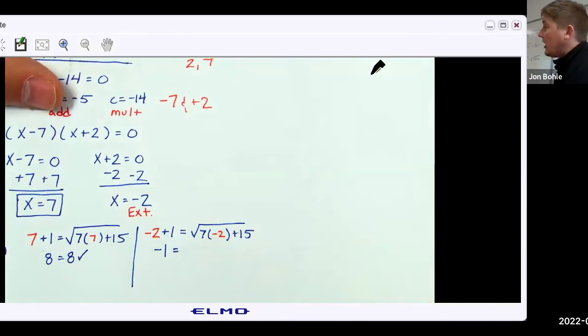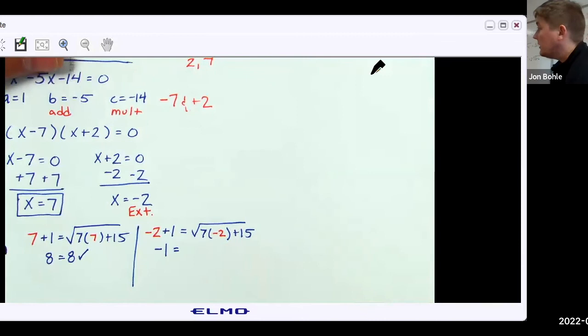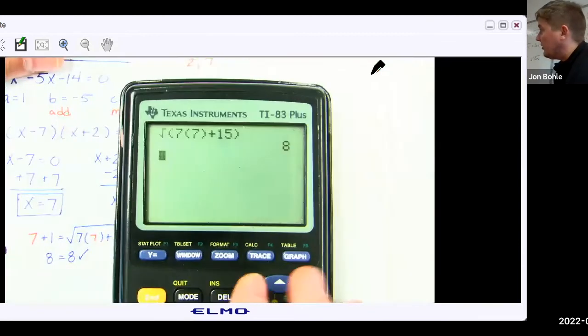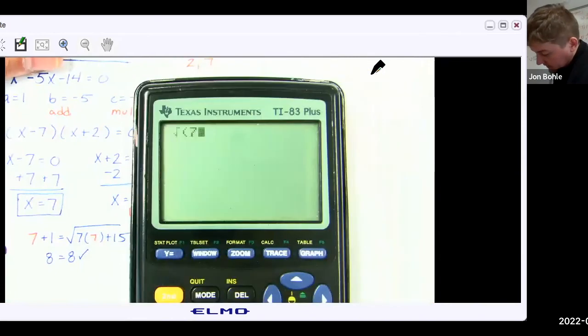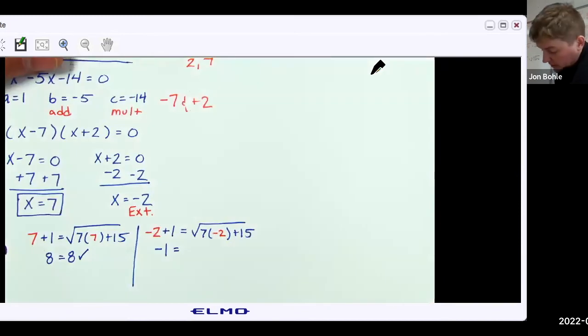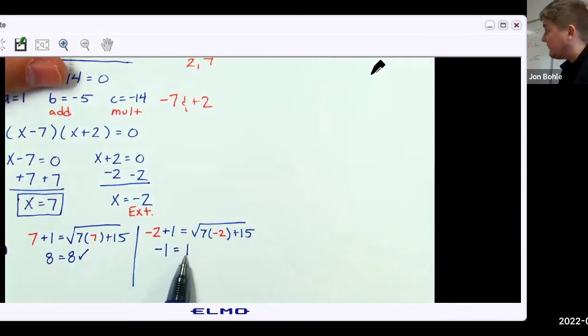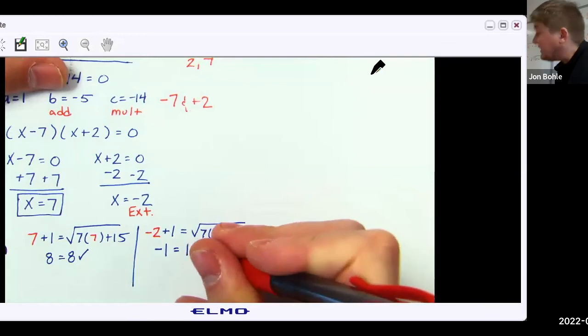And you do not need a graphing calculator to type this. A regular calculator, the littler ones will work too. The square root of 7 times -2 plus 15 is positive. So in this one here, I don't even get the same number. I get -1 is equal to +1. And that is also why it's extraneous.